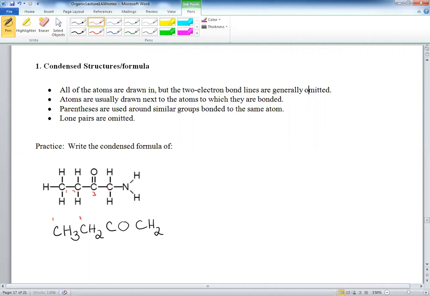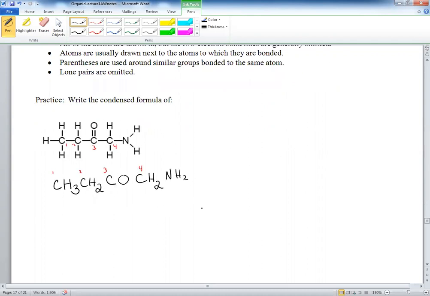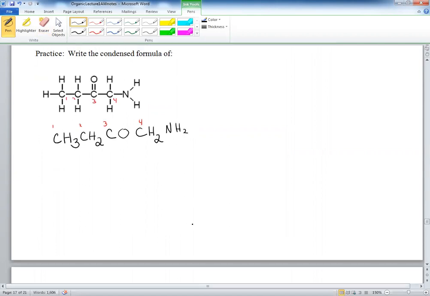This is 3 and this is 4. It's 3, that's 4. And we have N with 2 H's. There it is. So CH2, CH3, CH2, CO, CH2, NH2. That would be your condensed formula.